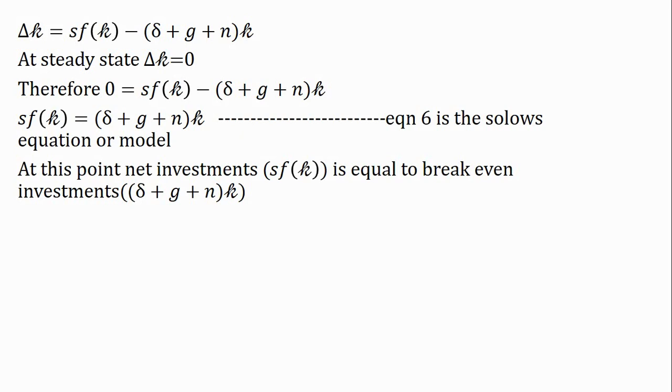If you're below the steady state equilibrium, you will be moving towards it at a certain point. If you are above, eventually the economy will decline and go back to the steady state level. Take an example of China.